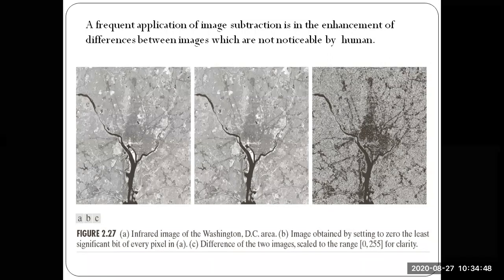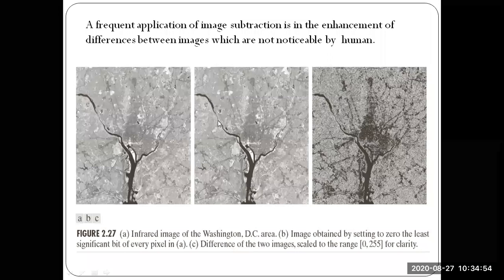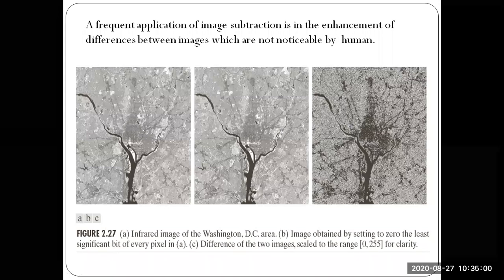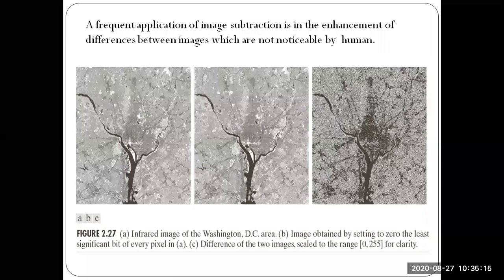Then your image is very highlighted. What is the operation here? Subtraction, not addition. In the previous case we were adding, but in this case we are subtracting. So by subtracting also we can enhance the image to be visible, or perceived by humans, for clarity. This is the addition example, and this is the subtraction example.